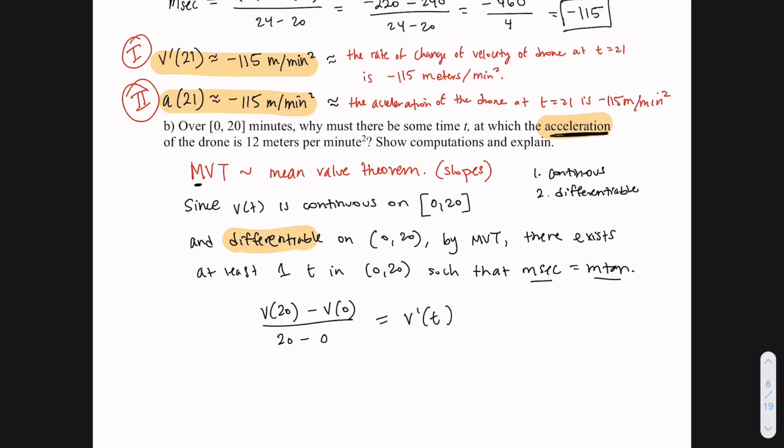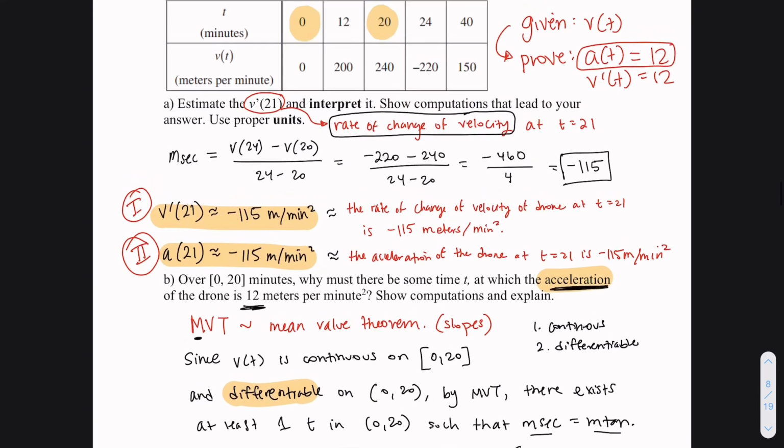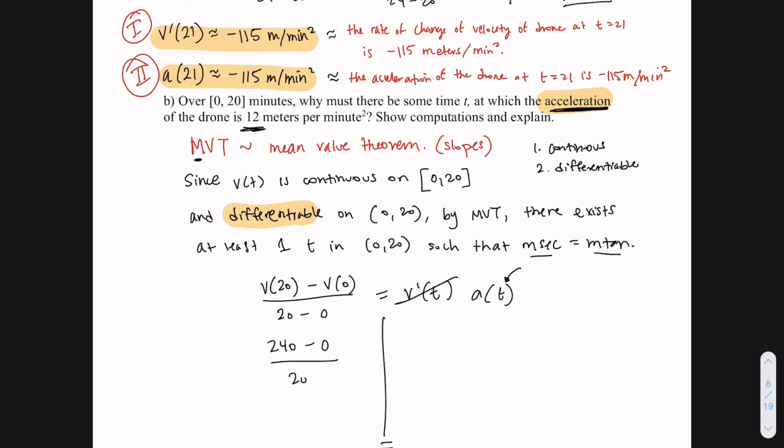And our job is to prove that the acceleration is 12 at some point in between. So don't put the 12 in here because then you're saying the time is 12. But it says here the acceleration is 12. So we want to just prove that there is some time t, which we can prove for, that it's going to equal 12 at the end. And that will happen if you've done this correctly. So v of 20 is 240, v of 0 is 0, over 20 minus 0.